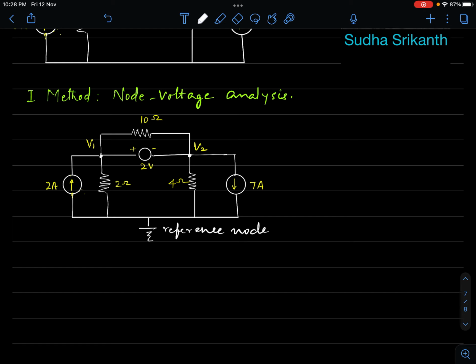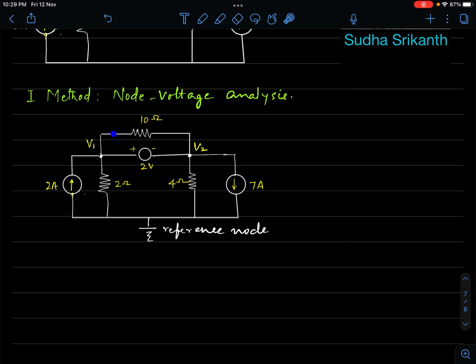This resistance doesn't contribute anything as far as this network is concerned. Why? Because when you connect a resistor across a voltage source, the magnitude of the voltage source, that is 2 volts, is available across the two ends of the 10 ohm resistance.